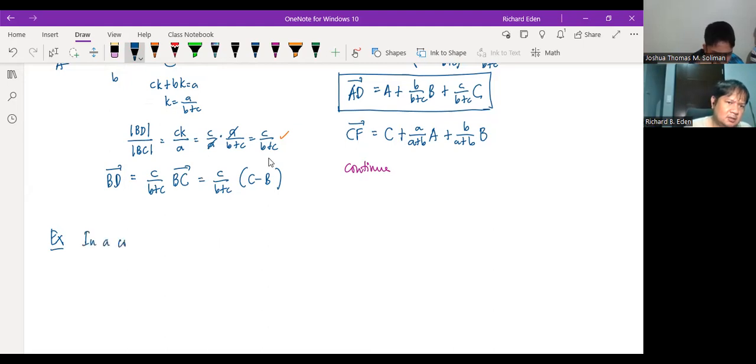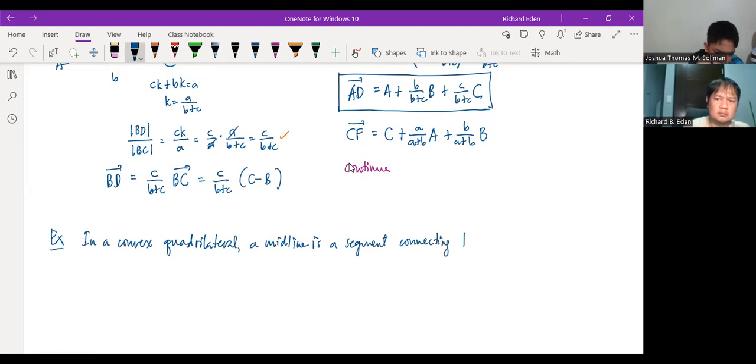In a convex quadrilateral, a midline is a segment connecting the midpoints of opposite sides.